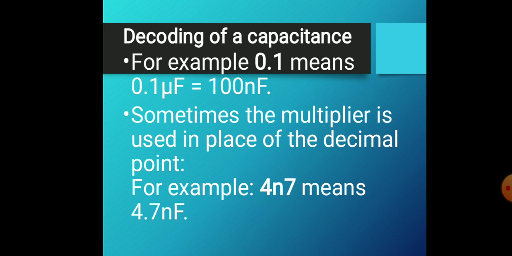Sometimes the multiplier is used in place of the decimal point. For example, 4n7 means 4.7 nanofarad or 4700 picofarad. So if there's a letter N in between the numbers, that means the prefix we will use is nanofarad.